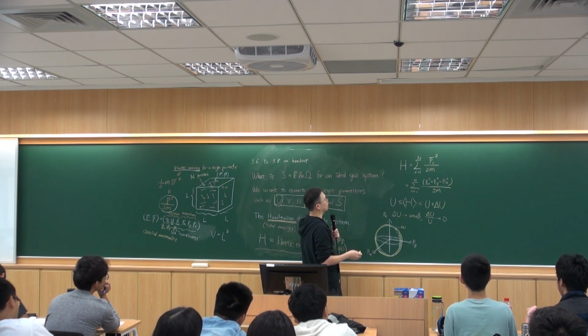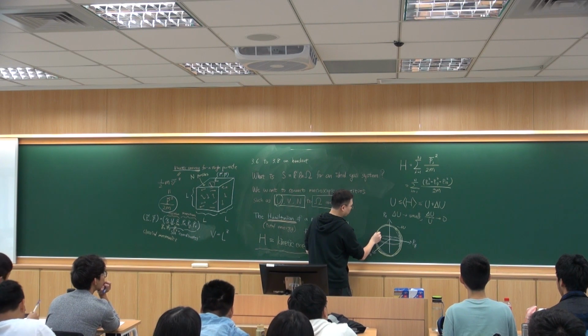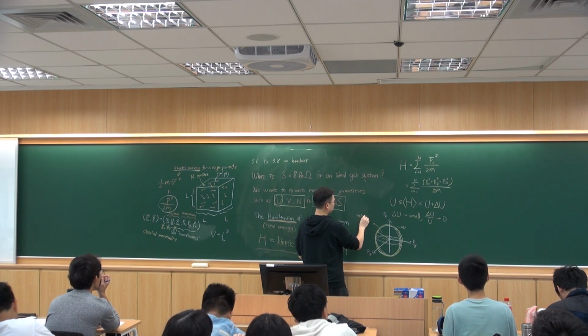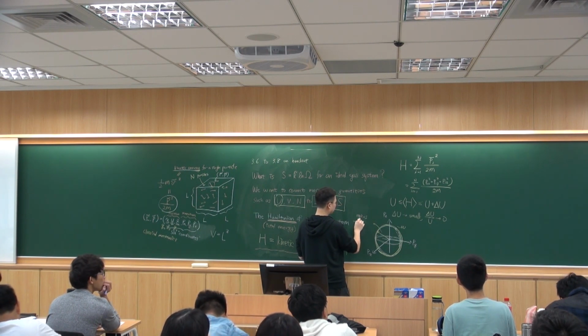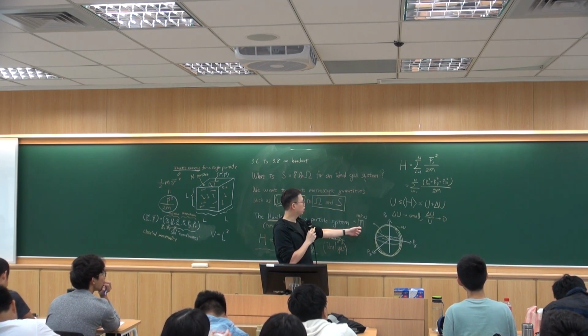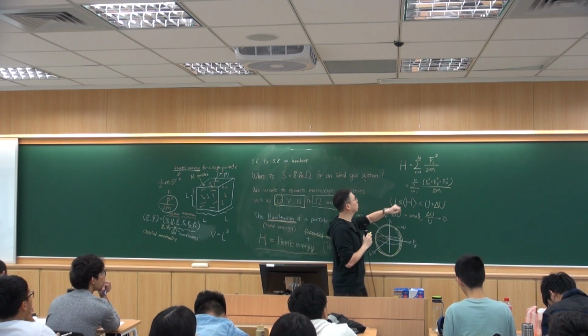Okay, does that make sense? Or you can say that the radius of this sphere is the magnitude of this vector p, right?